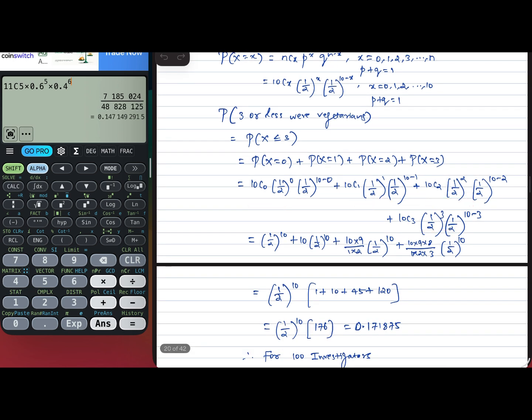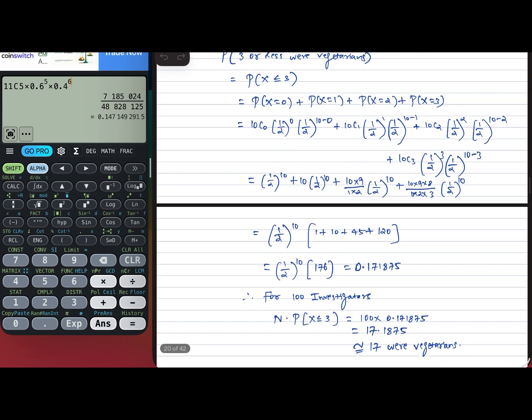The first term is 1 times half power 10. The second term is half power 1 into half power 9, which is half power 10. The third term is half power 2 into half power 8, which is half power 10. The fourth term is half power 3 into half power 7, which is half power 10. So you can take half power 10 out as common.